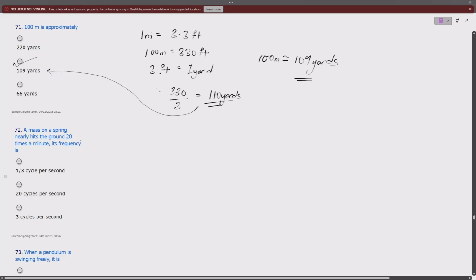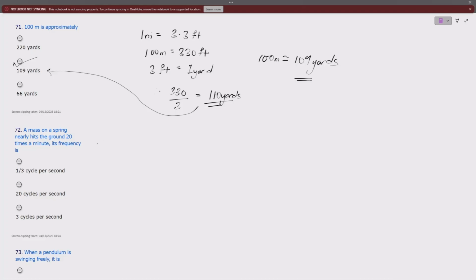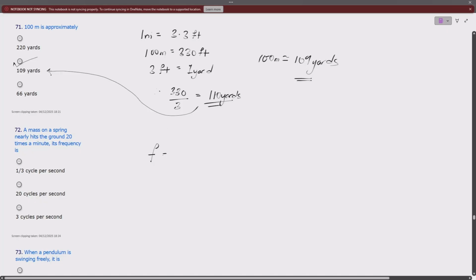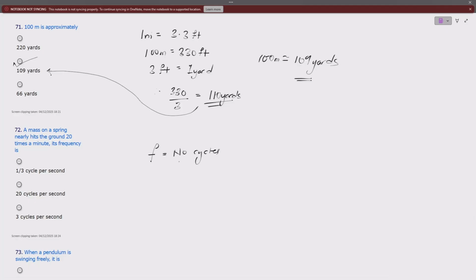Right, let's go straight into 72. A mass on a spring nearly hits the ground 20 times a minute. Its frequency f is the number of cycles over time.